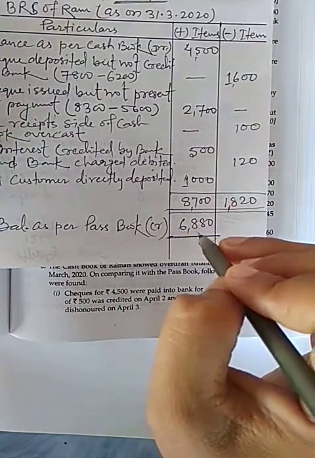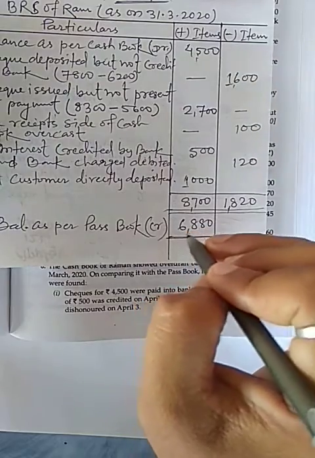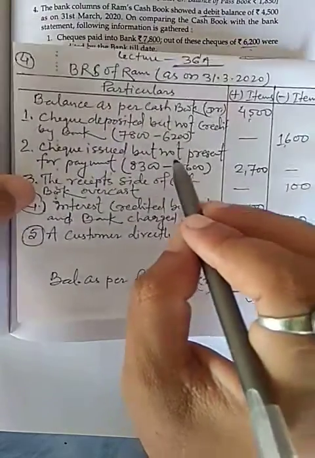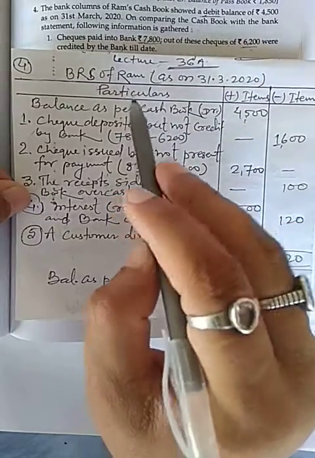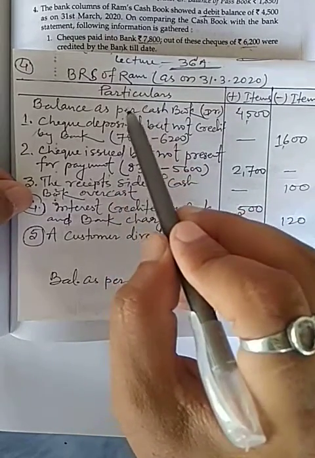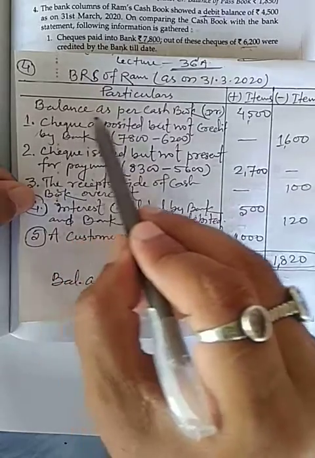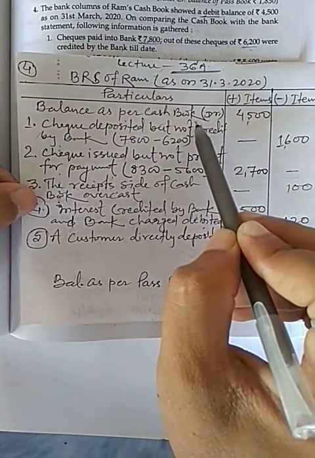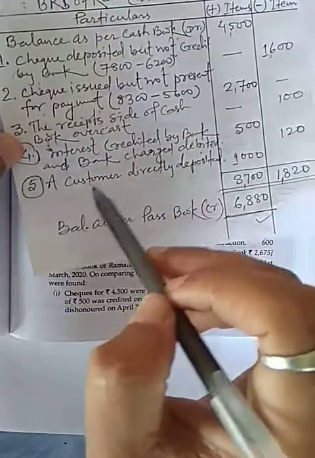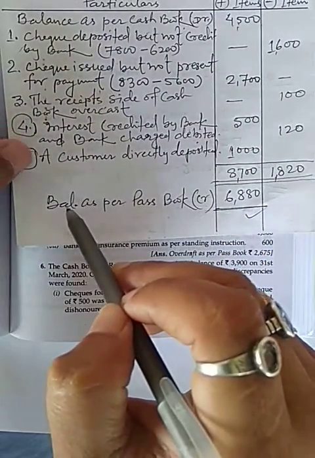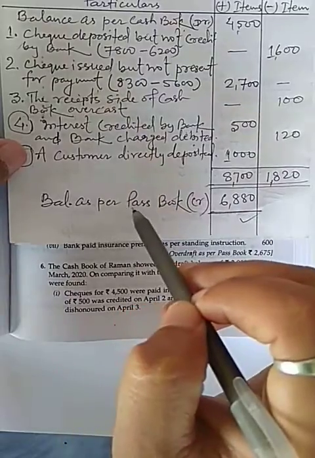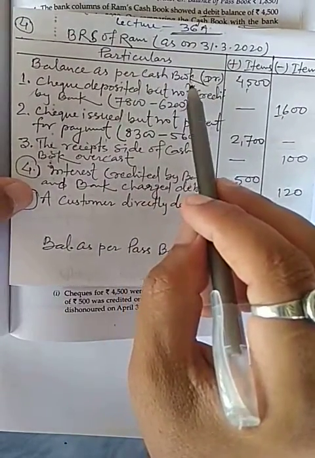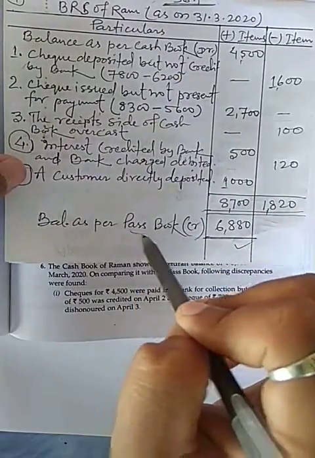I will shift on those side only, and if balance as per passbook is given in front, then our answer will be balance as per passbook. When cash book is given, then answer will be passbook.